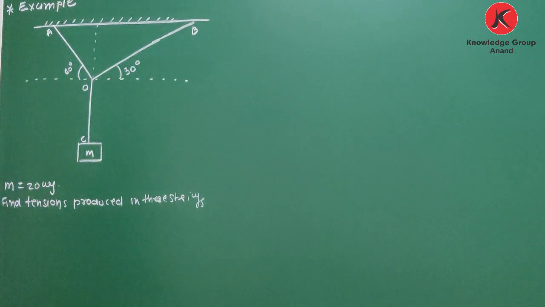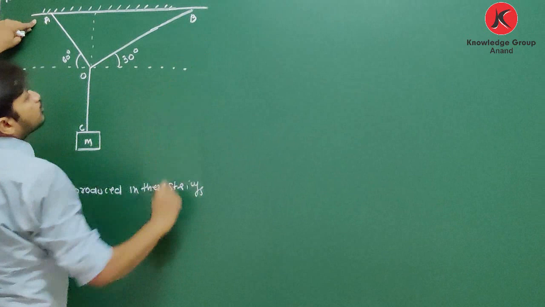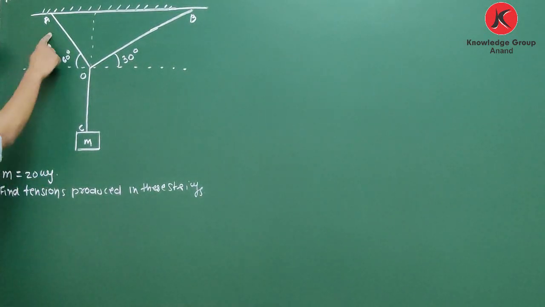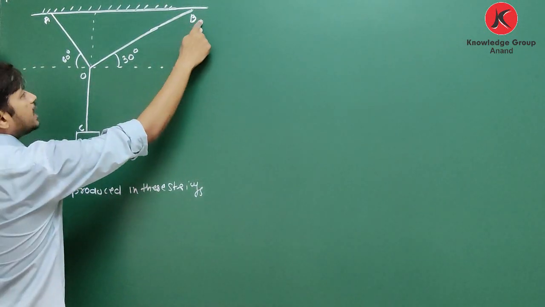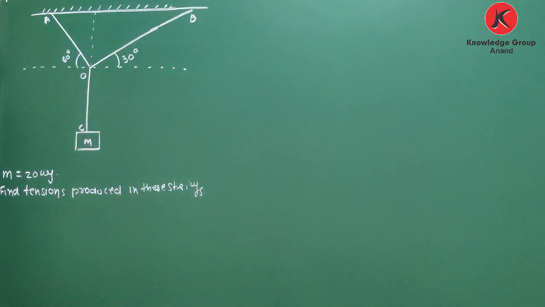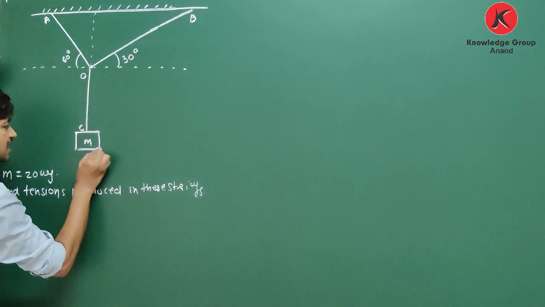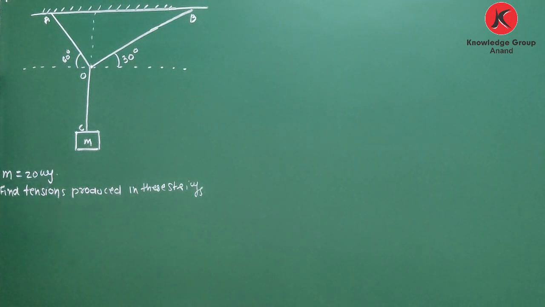Now we will see one example. See, it is one rigid support. First string AO, second string BO, and third string OC. These three strings are connected at point O, and from point C one mass of 20 kg is suspended. These two angles are given as 30 degrees.